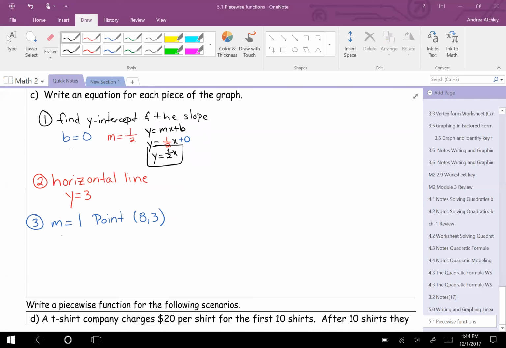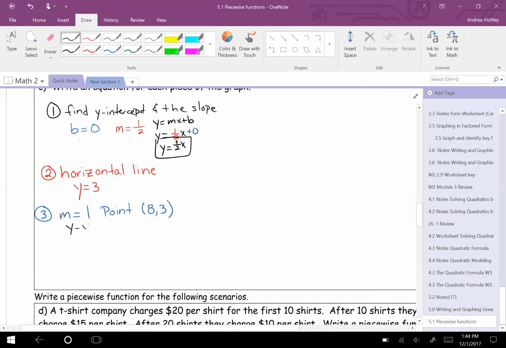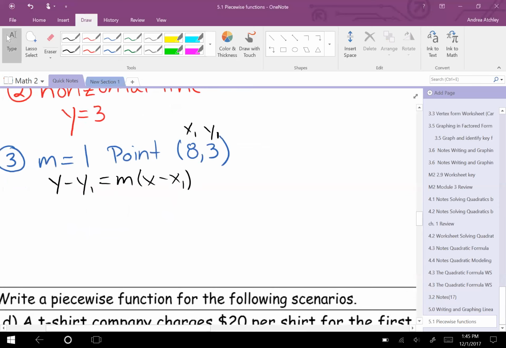So I'm going to plug it into y minus y1 equals m times x minus x1. This is my x1 and this is my y1. So y minus my y1, which is 3, equals my slope of 1 times x minus my x1, which is 8.